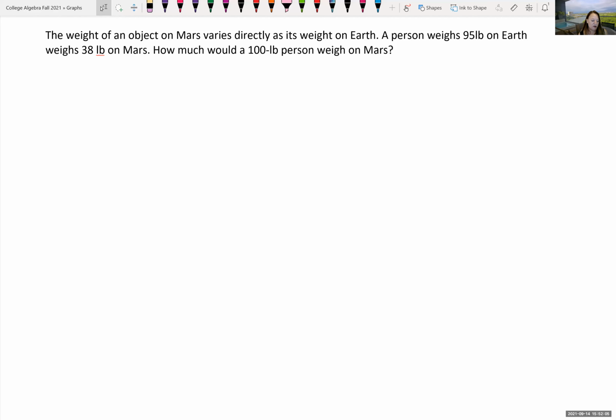Okay, so one more example. The weight of an object on Mars varies directly as its weight on Earth. A person who weighs 95 pounds on Earth weighs 38 pounds on Mars. How much would a 100-pound person weigh on Mars? Okay, so we know that the weight of an object on Mars varies directly with the weight on Earth.